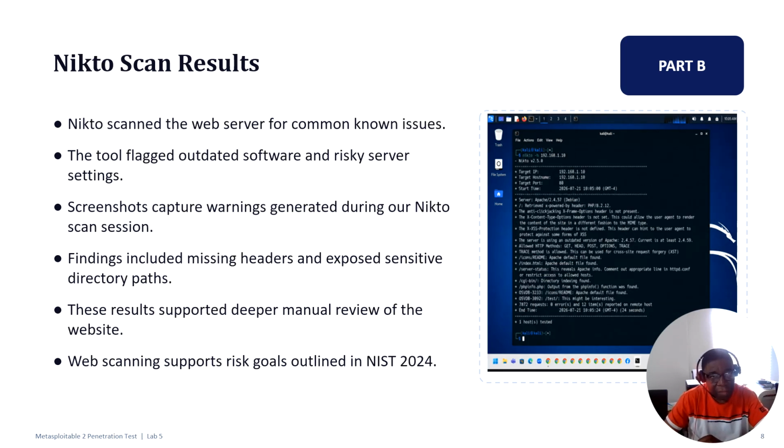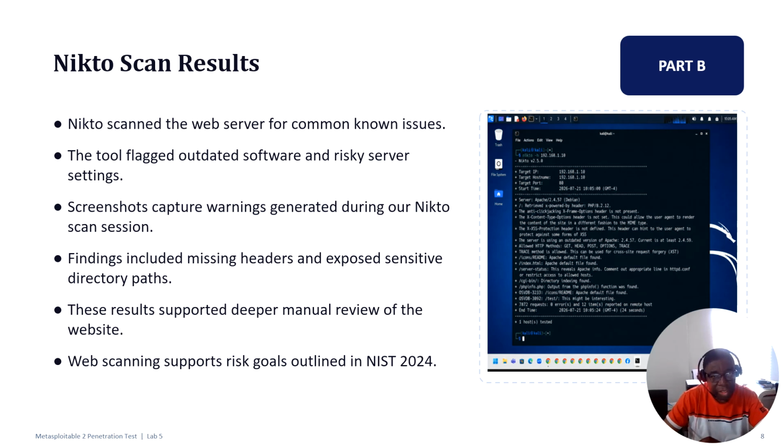Next, in Part B, is where I ran Nikto against the web server to check for common, well-known issues. It also flags outdated software versions and some risky server configurations.